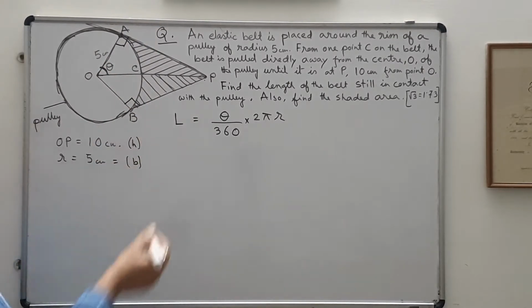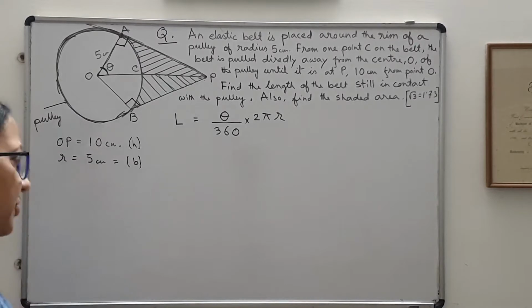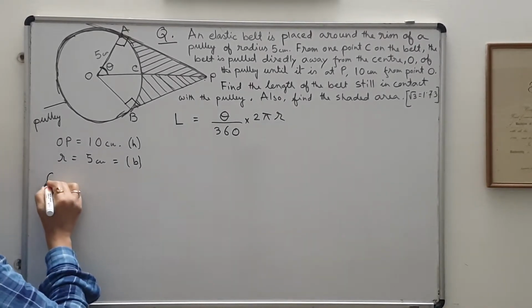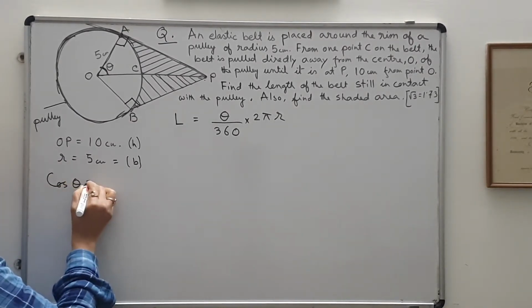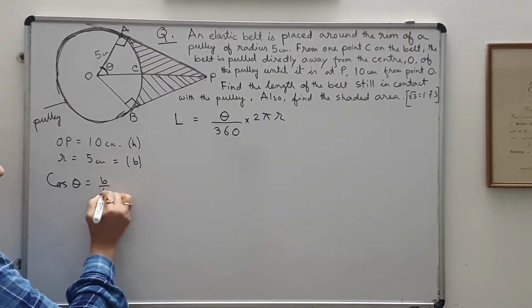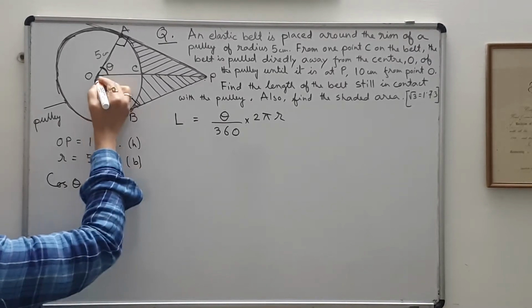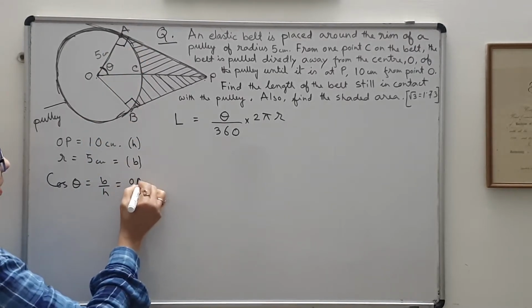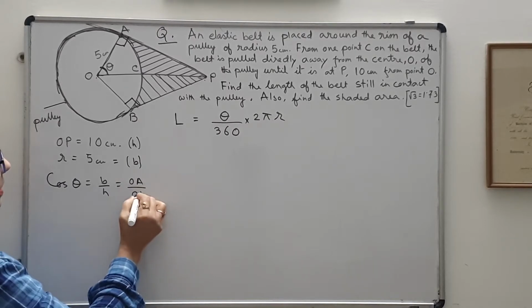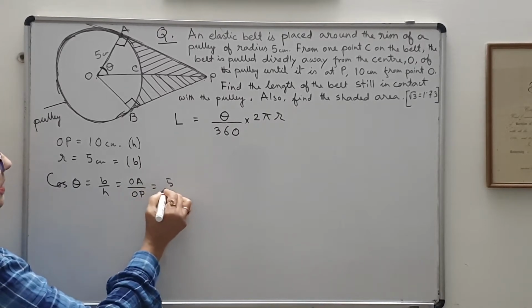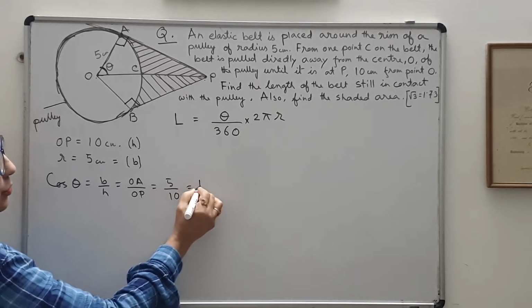So I know B, I know H. So I'll take the ratio of B upon H, which is nothing but cos theta. So cos theta is B by H, and this base is your radius OA, and the hypotenuse is OP. So OA is 5 and the hypotenuse is 10, so it comes out to be half.